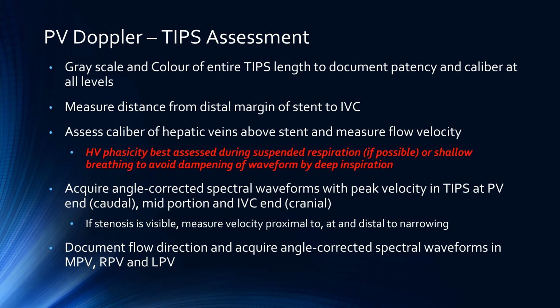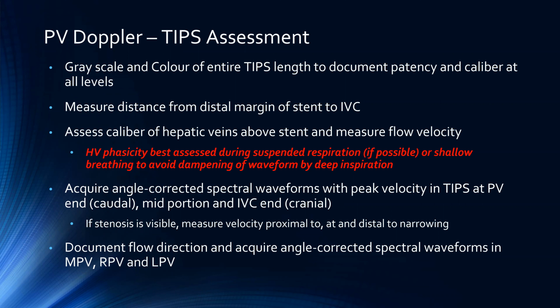And then in terms of spectral assessment for the remainder of the structures, it does require an angle-corrected spectral waveform with peak velocity through the various portions of the shunt. So again, at the caudal portal venous end, the mid portion, and the cranial IVC end.